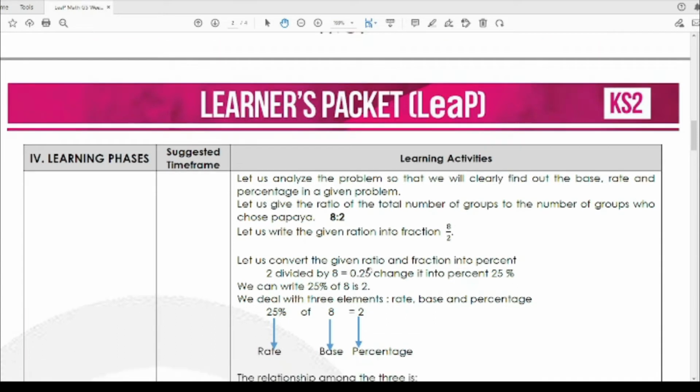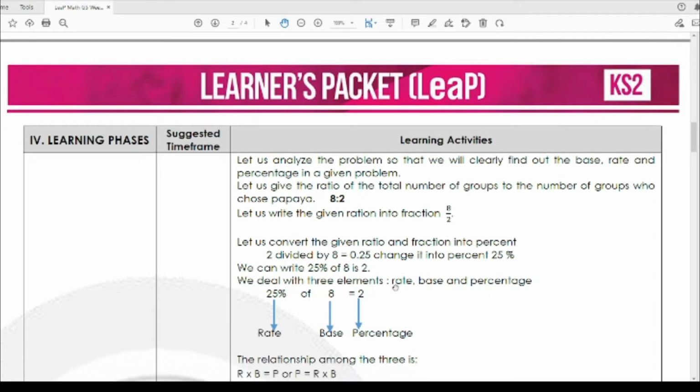Let us convert it into percent. 2 divided by 8 is equal to 0.25. We will change it into percent, which is 25%. By moving your decimal point two places to the right, you will get 25 and put the percent symbol. We can write 25% of 8 is 2.